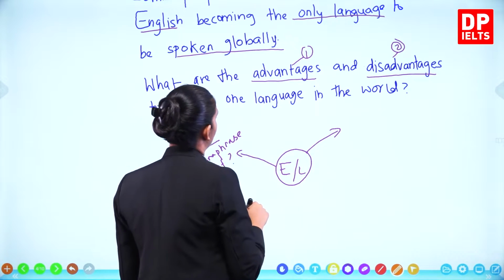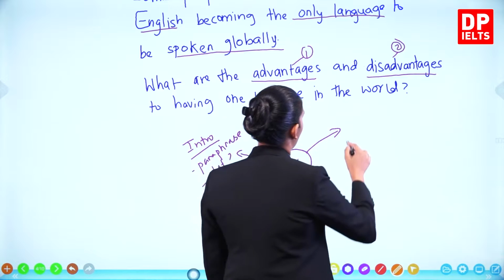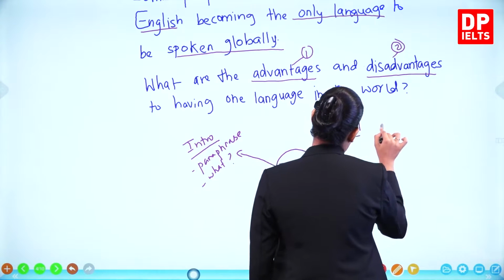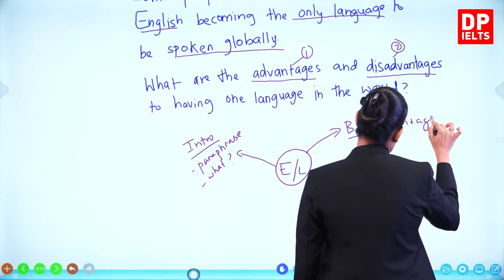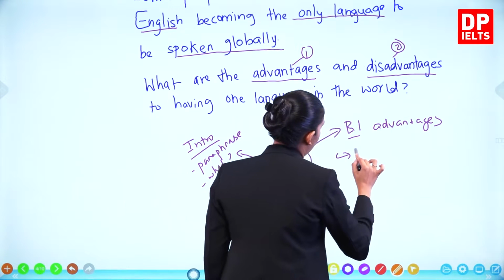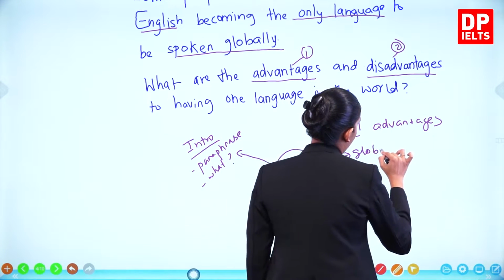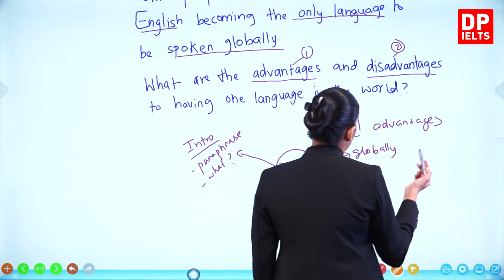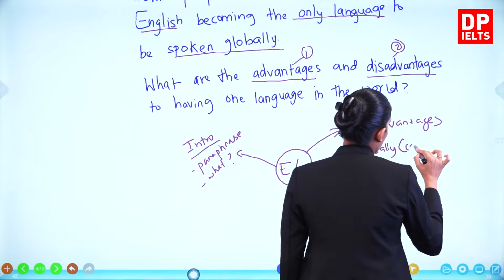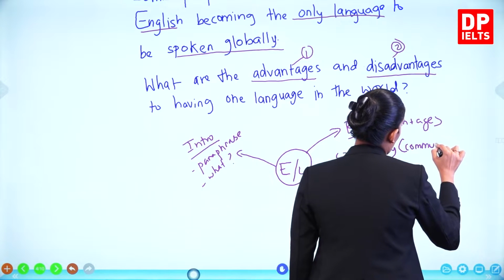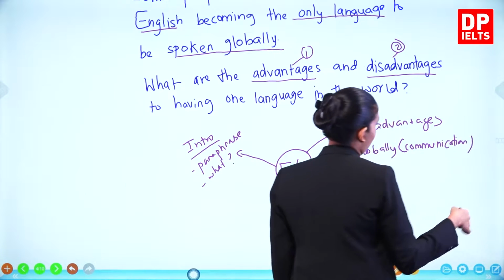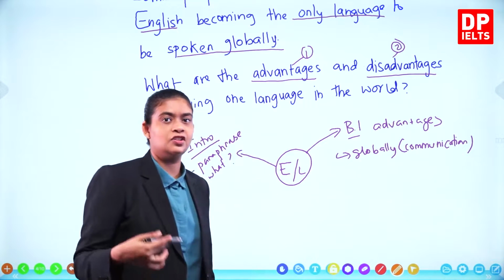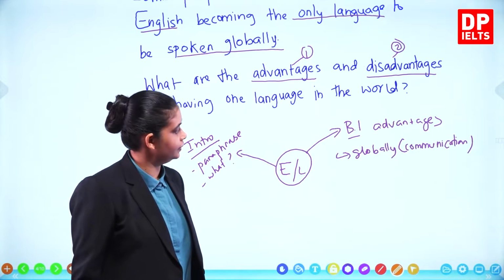Then body para 1, I would write the advantages. It's good because globally we can talk to anyone. So communication becomes quite easy because everyone talks the same language. And things become quite easy because the culture tends to be quite similar then.